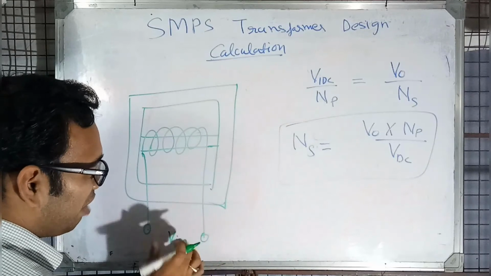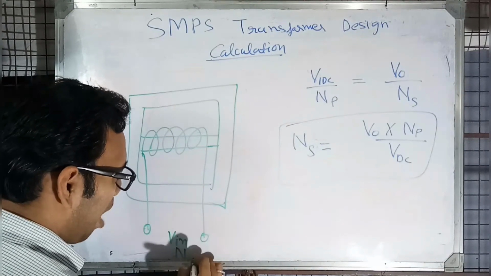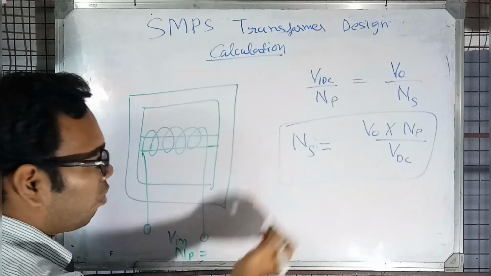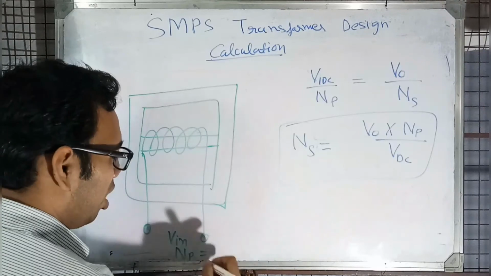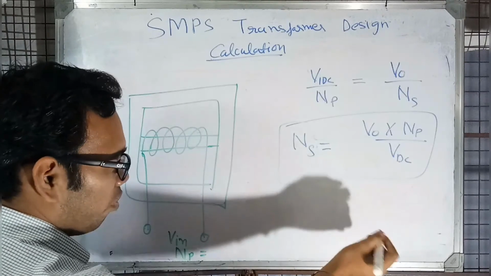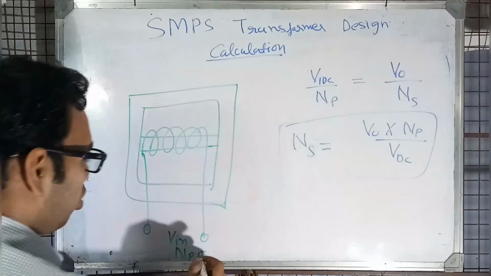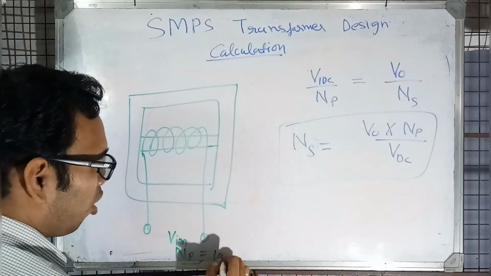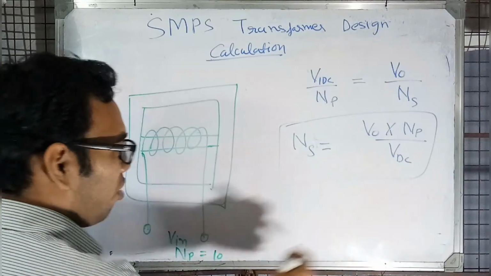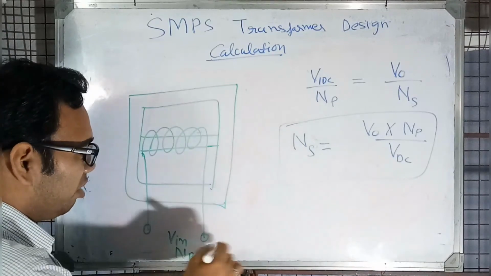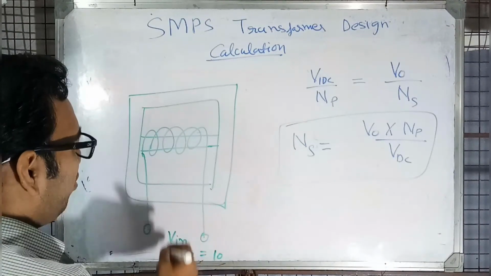Here we are giving the voltage V in, and this is the primary, so Np is whatever we find from the formula. Let us assume Np came to 10.